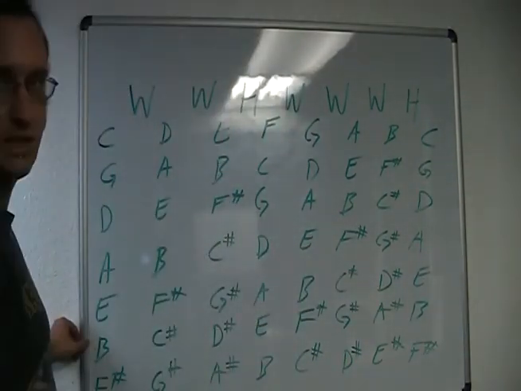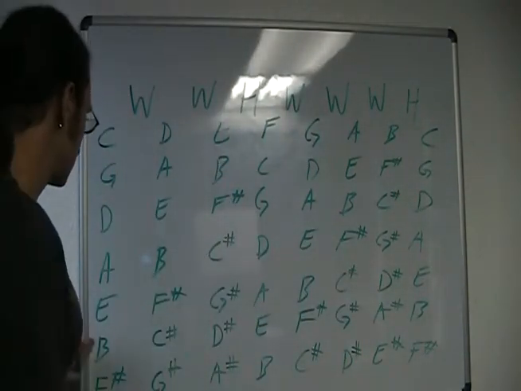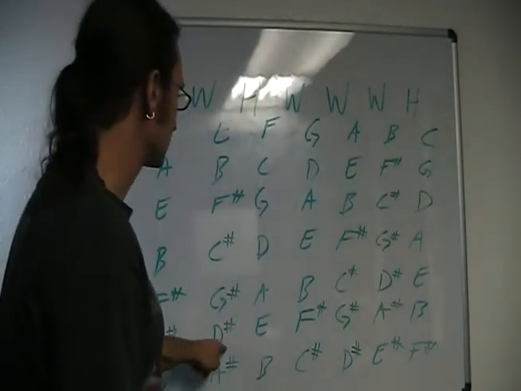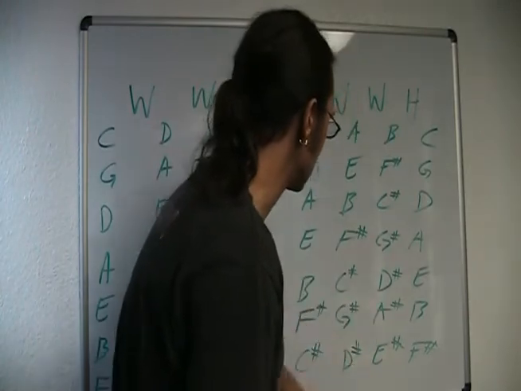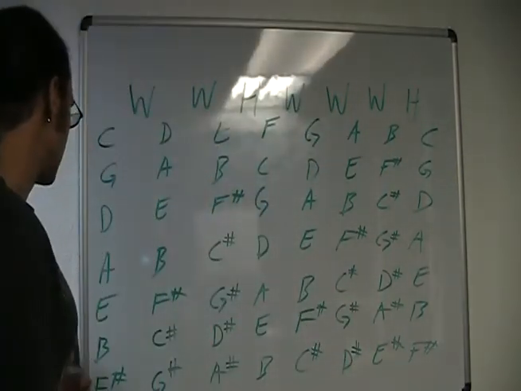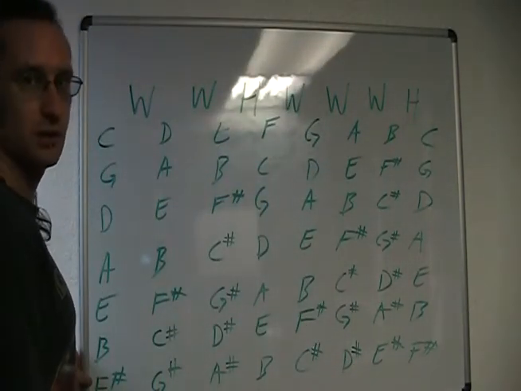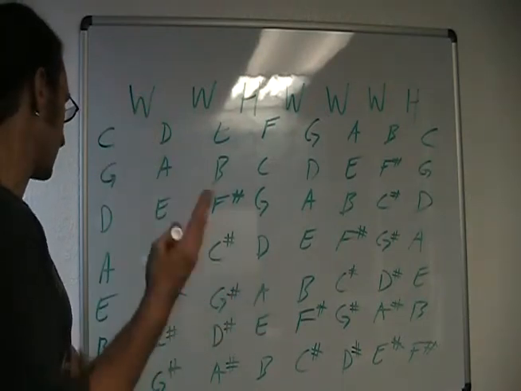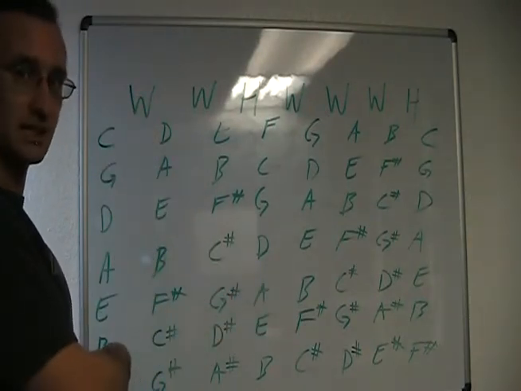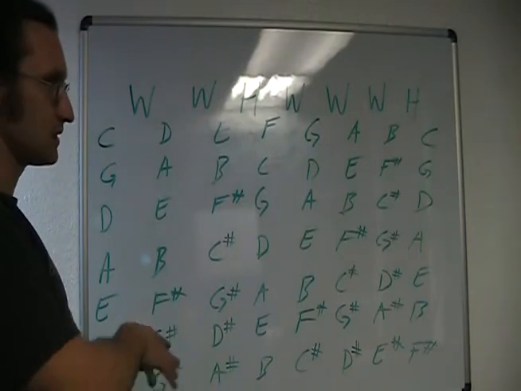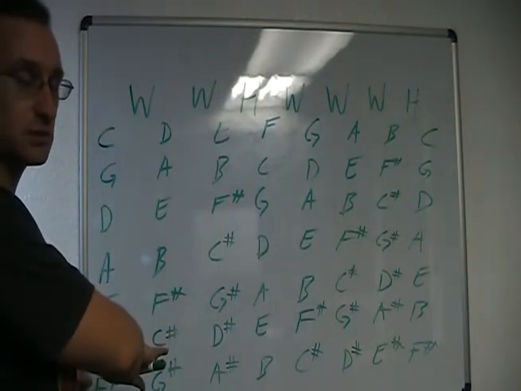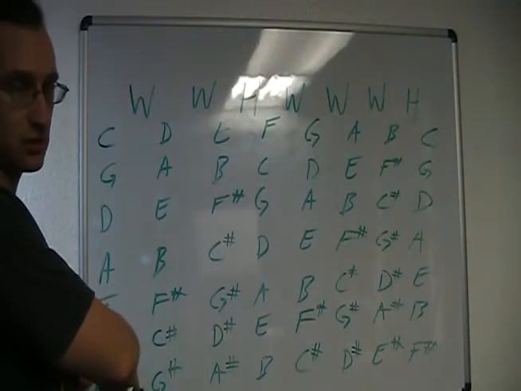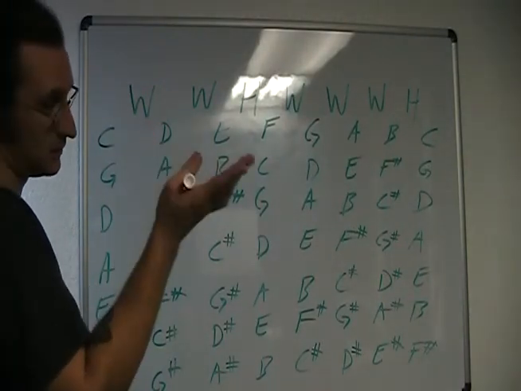The key of B has C sharp, D sharp, F sharp, G sharp, A sharp. The key of F sharp, so you might be wondering, why am I going to the key of F sharp and not the key of F? Because these are the keys that have sharps in them, sharp notes. The key of F does not have a sharp, but the key of F sharp does.